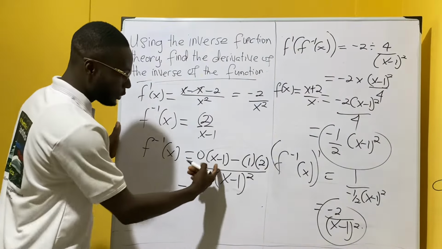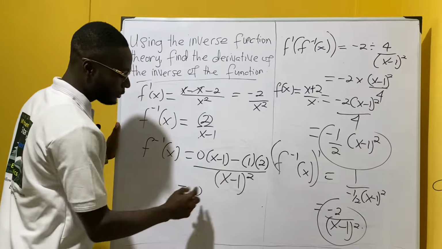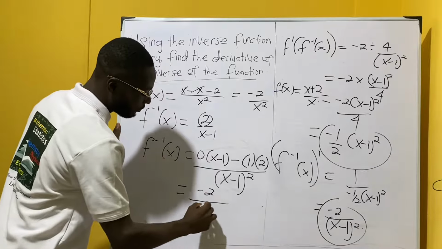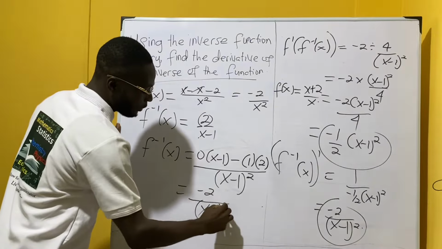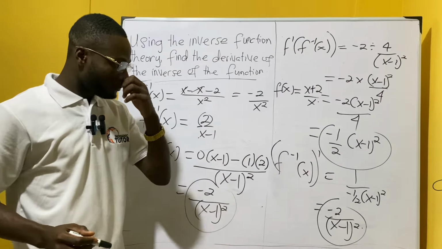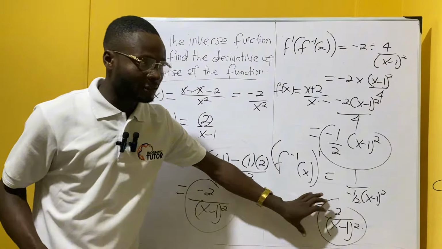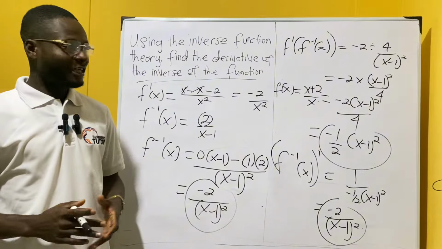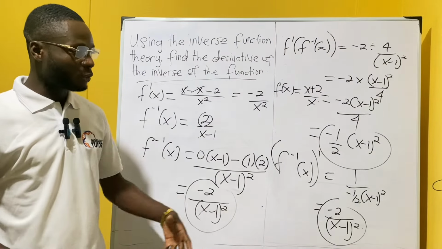And this will basically be 0, which we all know is 0, and this becomes minus 2 all over x minus 1 all squared. So if you use the theorem, have your final answer, and you are not sure, and you have to confirm, right? And you can conclude on your solution.